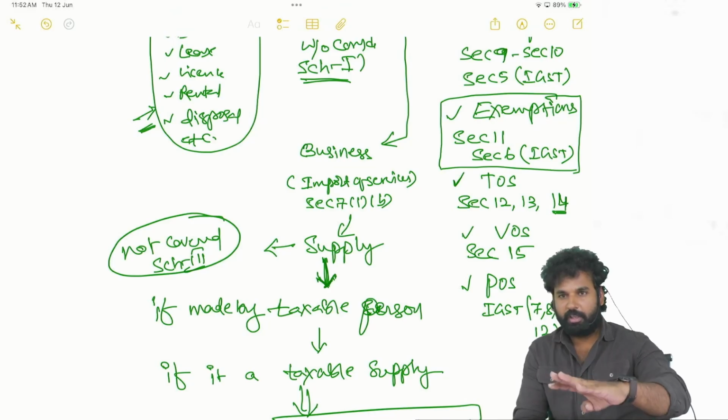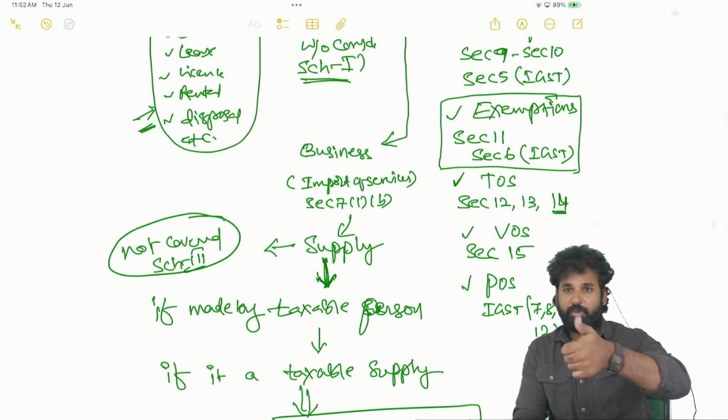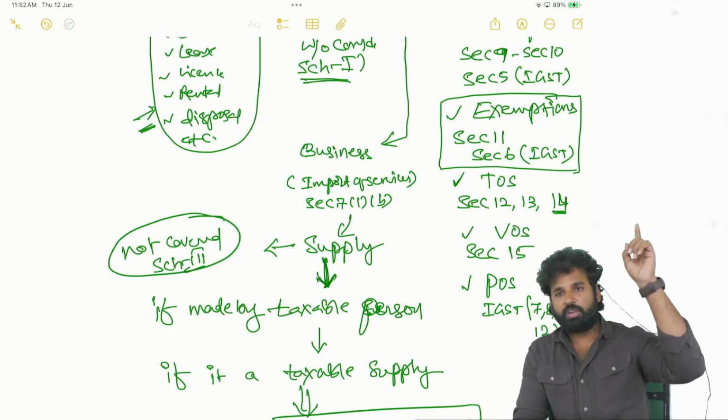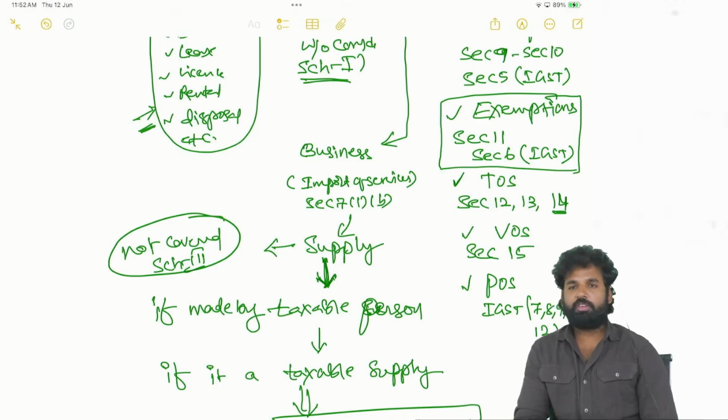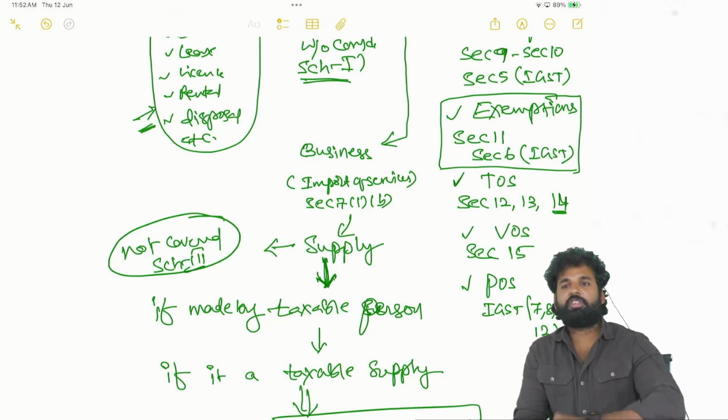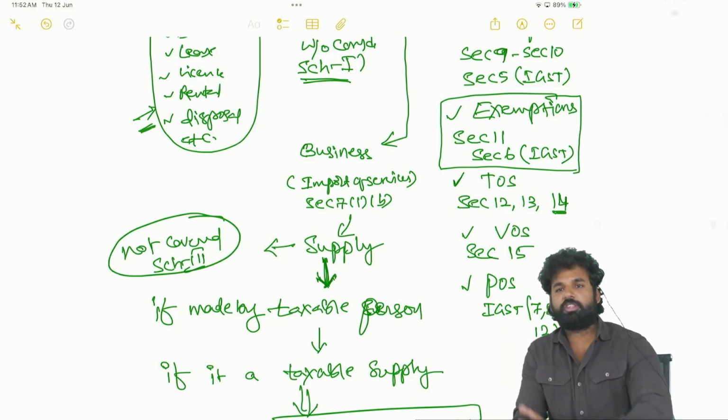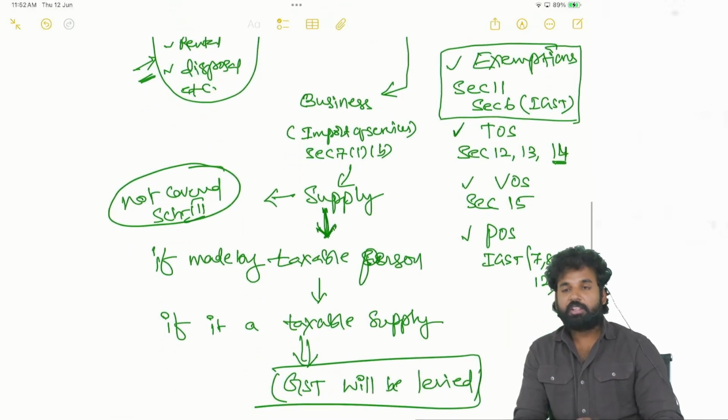It is a supply, and I am a taxable person because my turnover crosses the 20 lakh or 40 lakh threshold limit. Other services are being provided, but education service is exempted, or hospital service is exempted. So likewise, if the service is not a taxable service or is an exempted service, then GST will not be attracted.